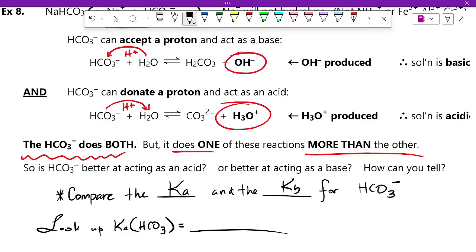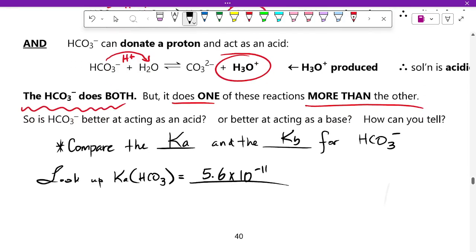I should hear lots of paper flipping. Ka of HCO3 is 5.6 times 10 to the negative 11.